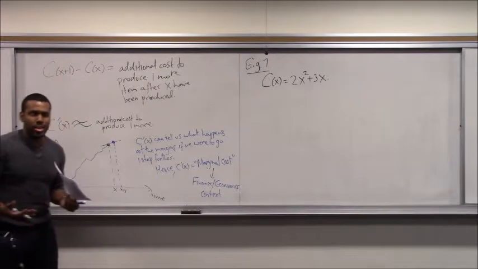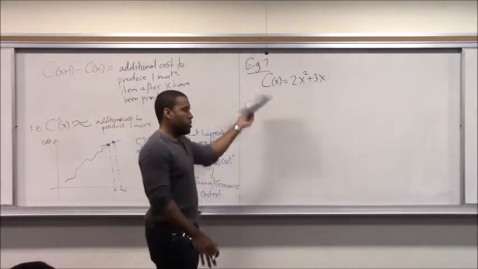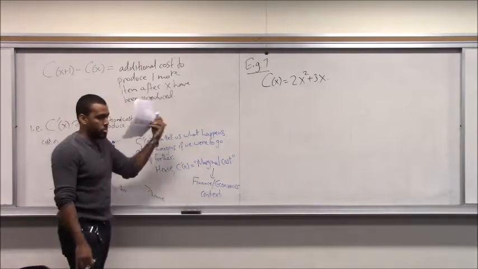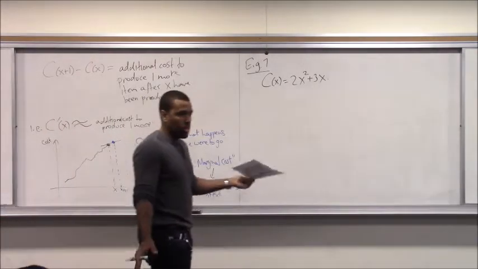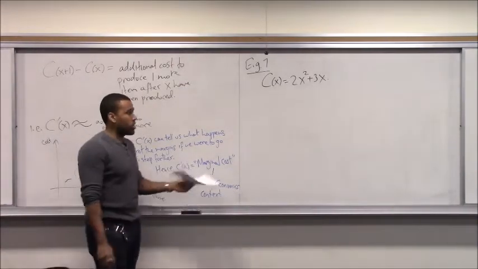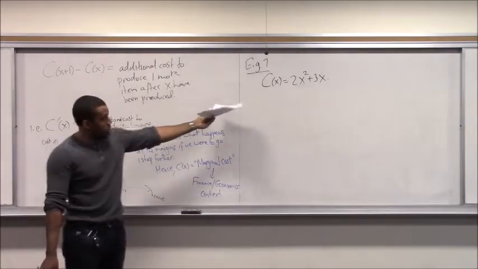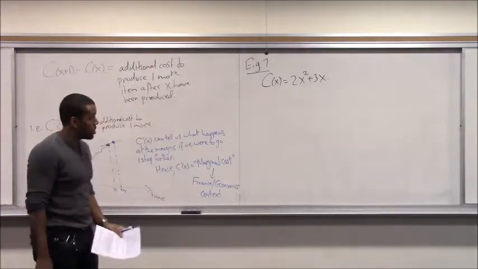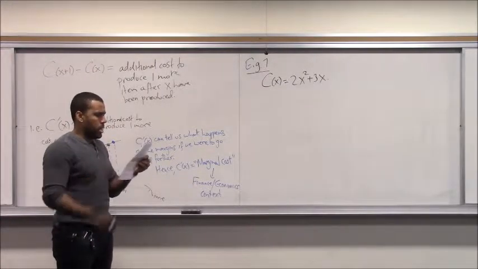It's not something you can mathematically figure out, like sit in your basement and derive a cost function. It depends on the situation, the business that's being run, how many employees they have, how much they're paying in rent, how much they have to pay for permits from the government or whatever. So cost isn't something you can figure out. It's always going to be given to you. So let's say you are given that this is the cost function for a certain glow-in-the-dark boxer shorts business.